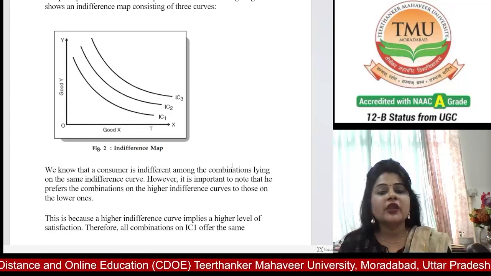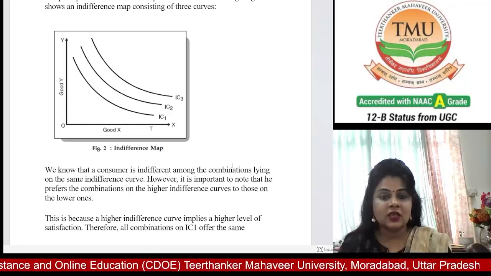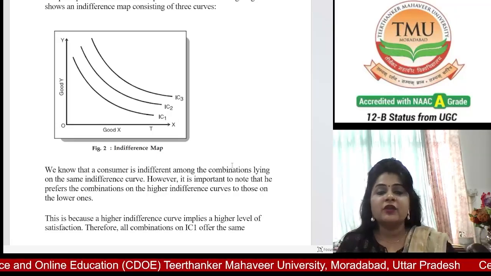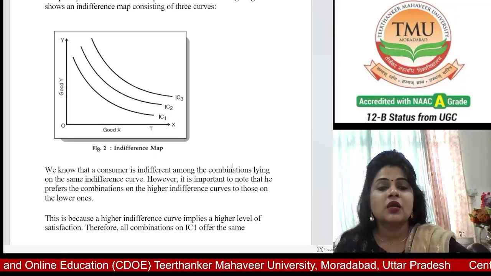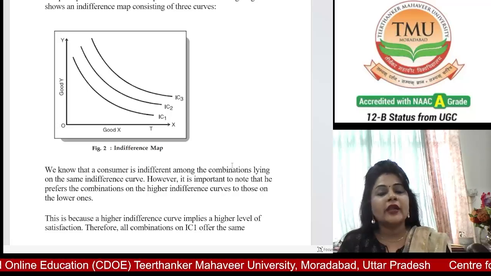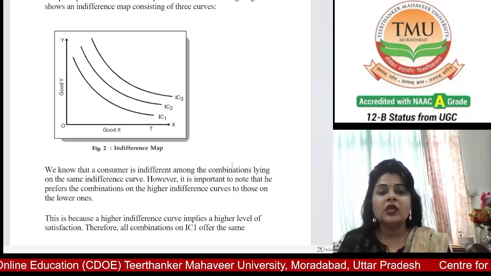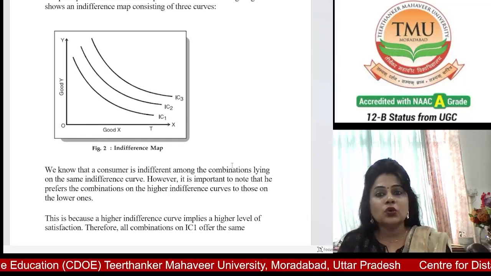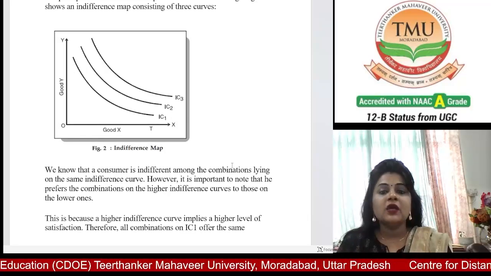Therefore, the highest indifference curve, IC3, of an indifference map is preferred by a consumer. Here, IC1, IC2, and IC3 are three different indifference curves, and the complete graph is known as an indifference map.